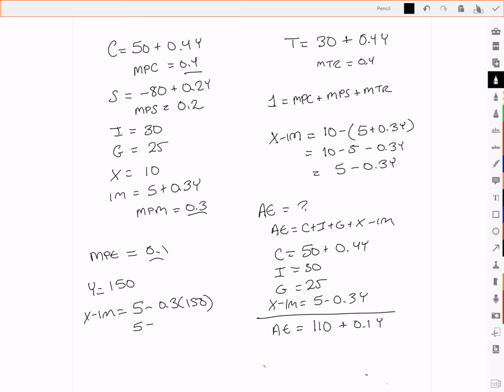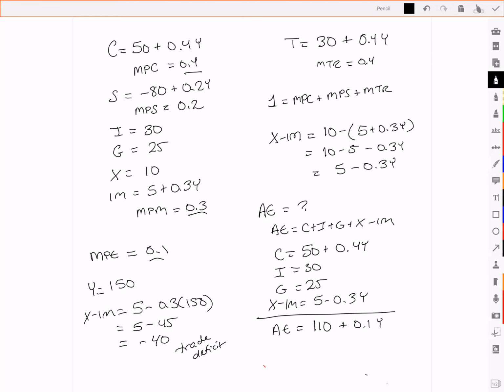And so we get 5 minus 0.3 times 150 is 45. And so our net exports, 5 minus 45, is a negative 40. If your net exports are negative, what does that tell you about your balance of trade? Well, if it's negative, it's because our imports are more than our exports, and so here, when income is 150, we have a trade deficit.